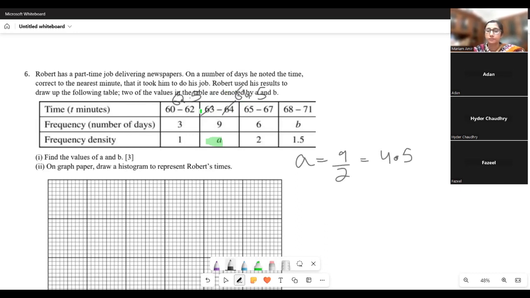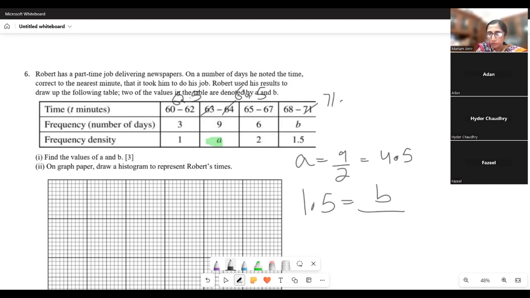How will B come? For B, frequency density is 1.5 equals frequency, which is B, upon class width.